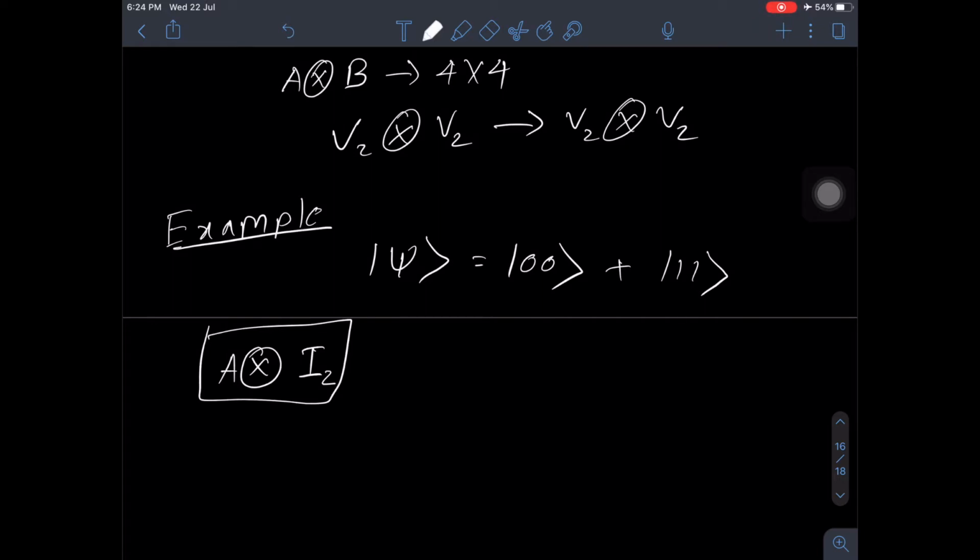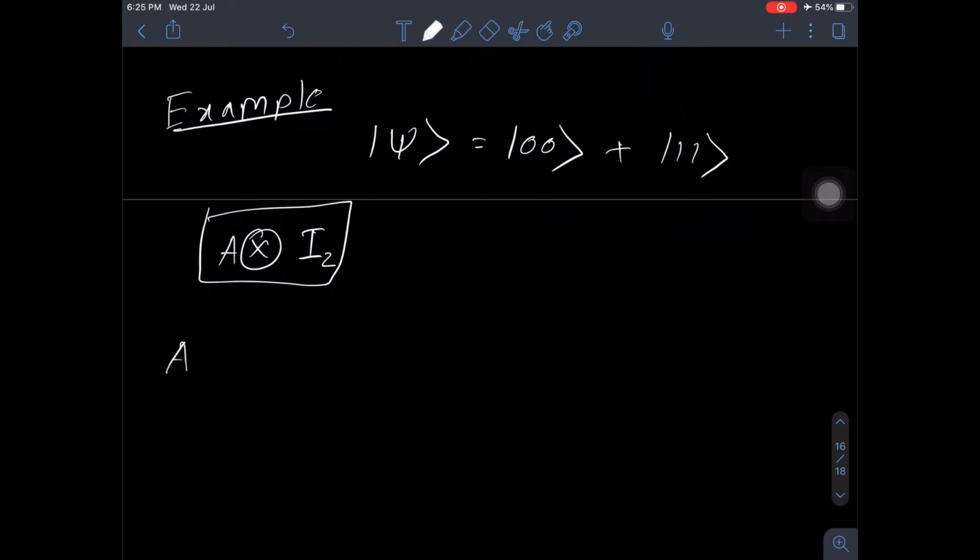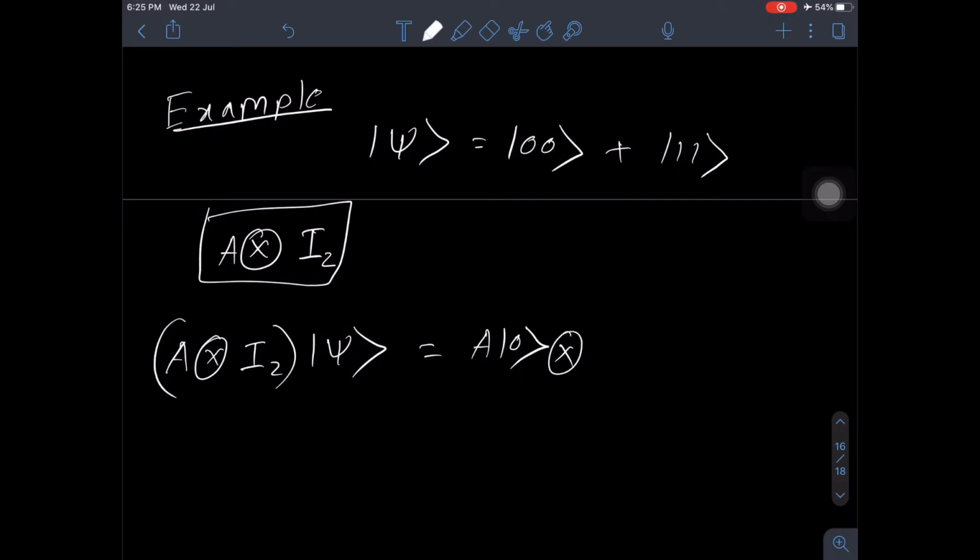From the definition of tensor products, how it acts on the basis elements, you can easily calculate that A tensor I on psi will give you A on 0, the first bit, tensor identity on 0, plus A on 1 tensor identity on 1.